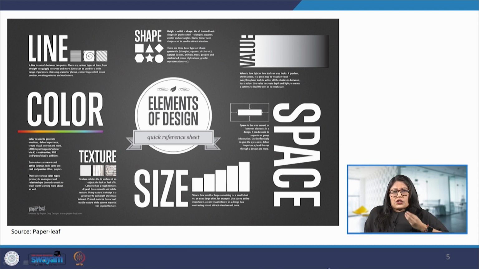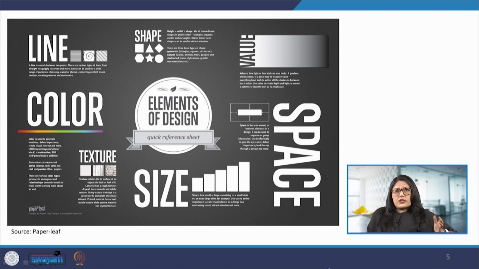Just like when we are speaking or reading, there is a sentence that we can make sense of, and that sentence is made of words which are made up of letters, and there is a syntax, an organization in which the words are put together so that they make sense. Similarly, in design there are fundamental building blocks which create meaning in the work that we see in front of us, whether it is a piece of artwork or digital media.